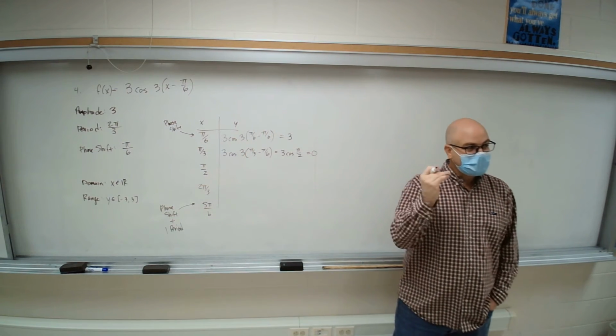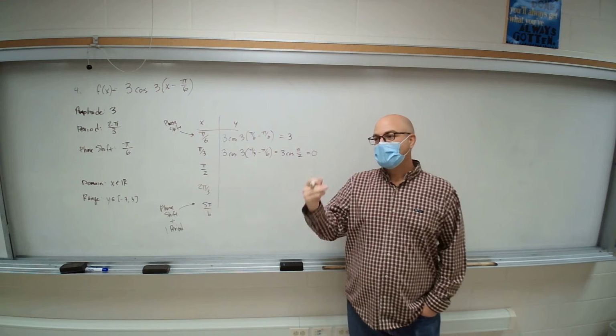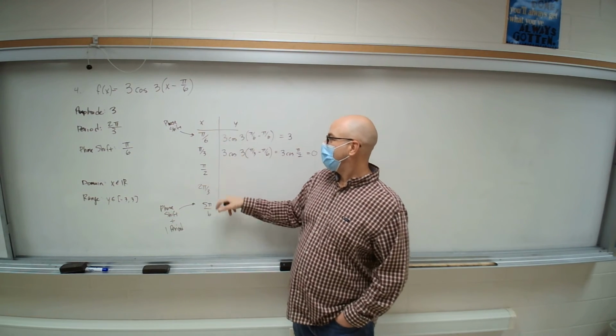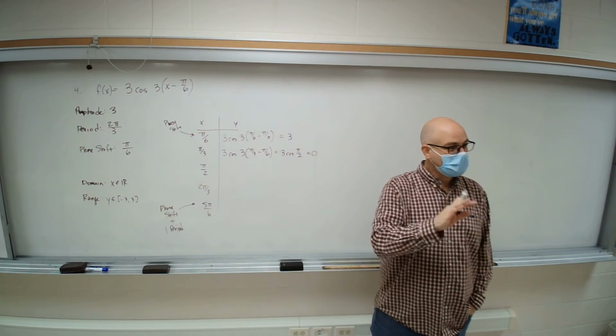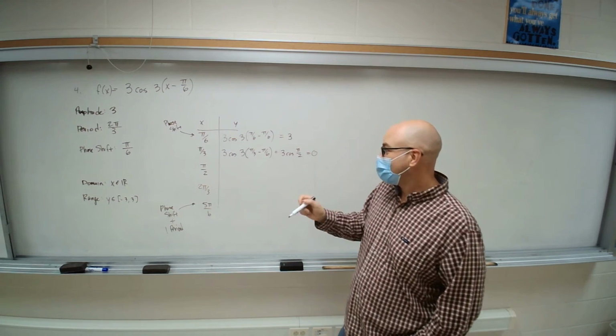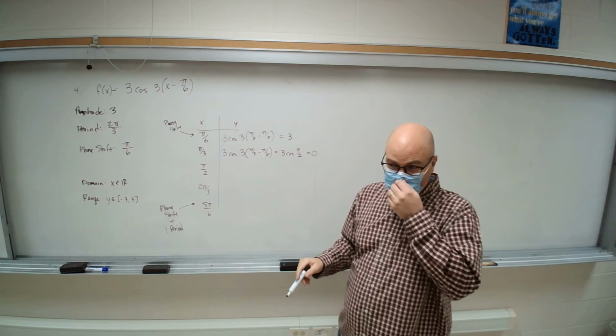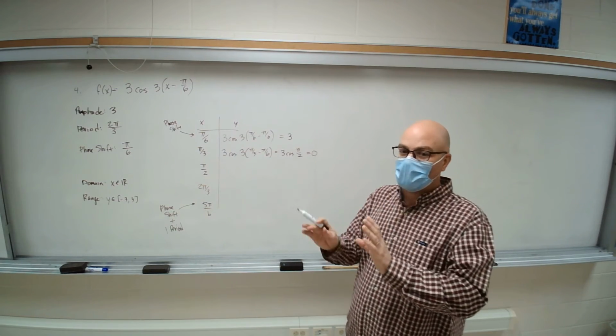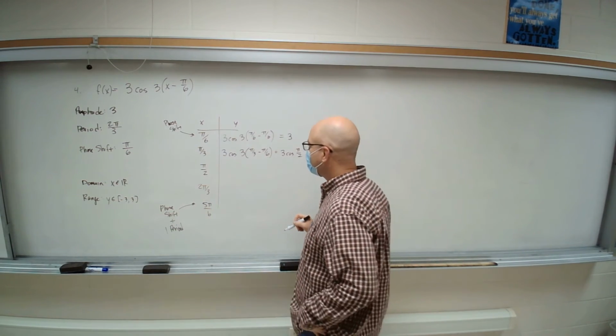We should still be seeing these same nice numbers that we got used to seeing, even though the x values are kind of a hot mess, right? They're a little bit all over the place in there. Sometimes you'll get weird stuff like 5 pi over 12 or all kinds of weirdness.